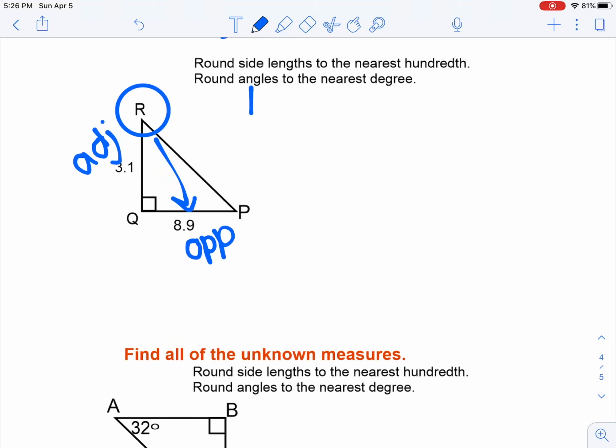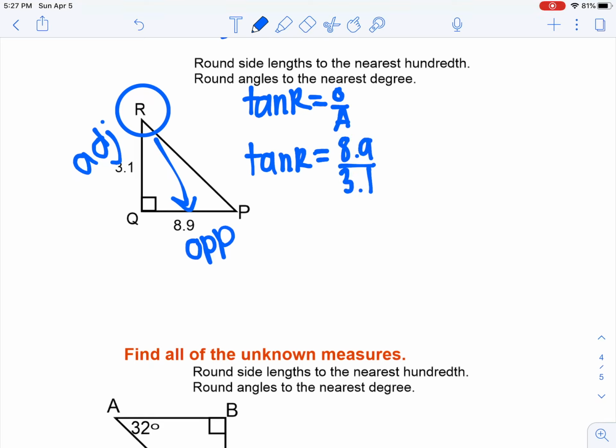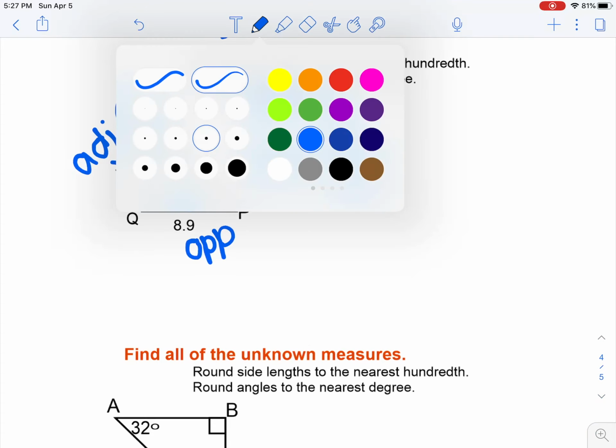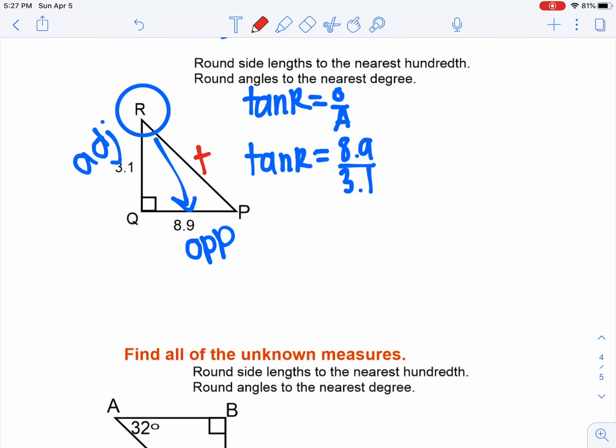To solve for angle R, we would need to use tangent. So tangent of R equals opposite over adjacent. We can go ahead and substitute in what we know: 8.9 over 3.1. Next, we would want to take the tangent inverse of both sides.